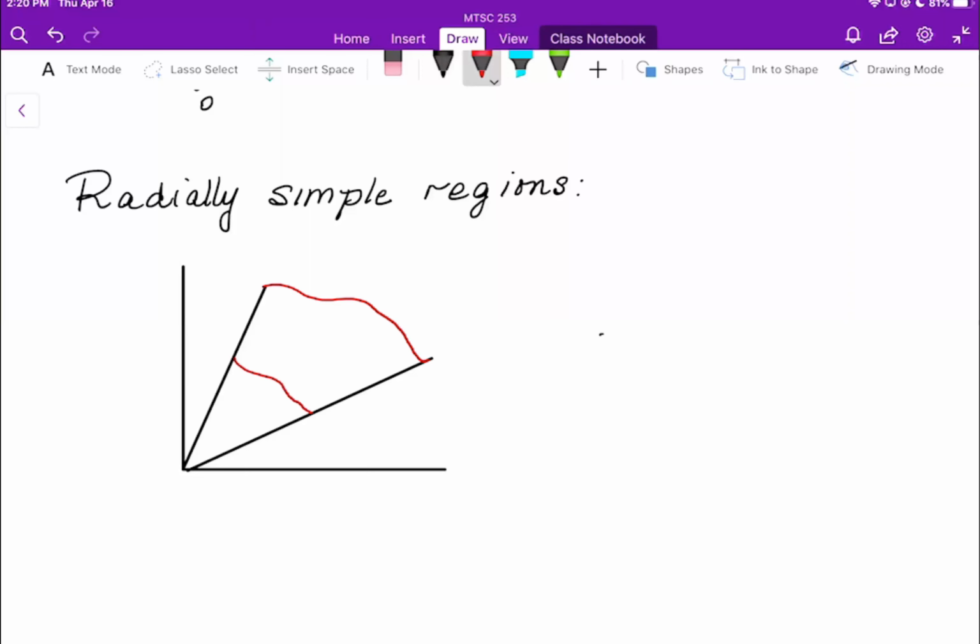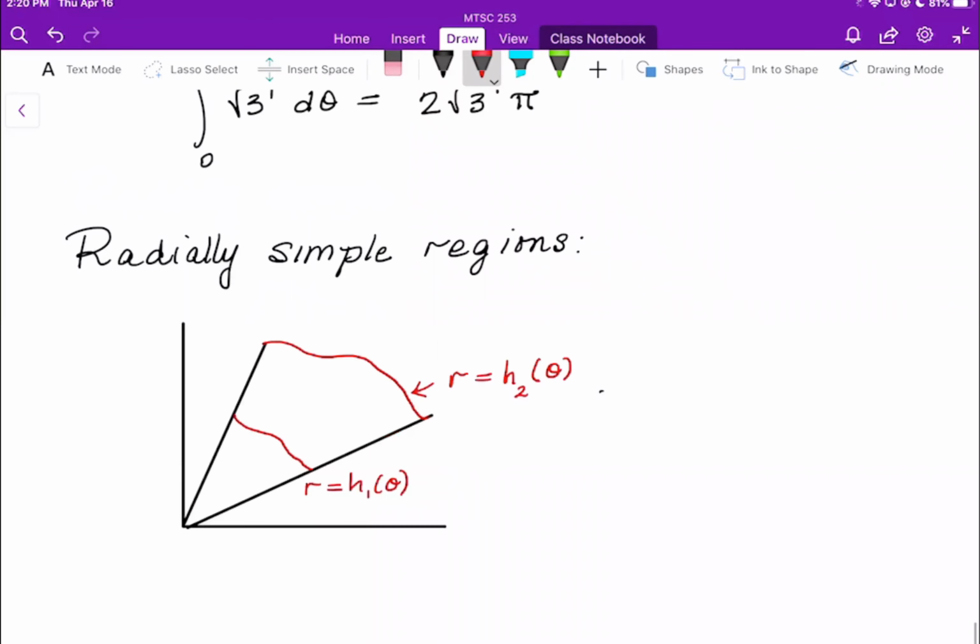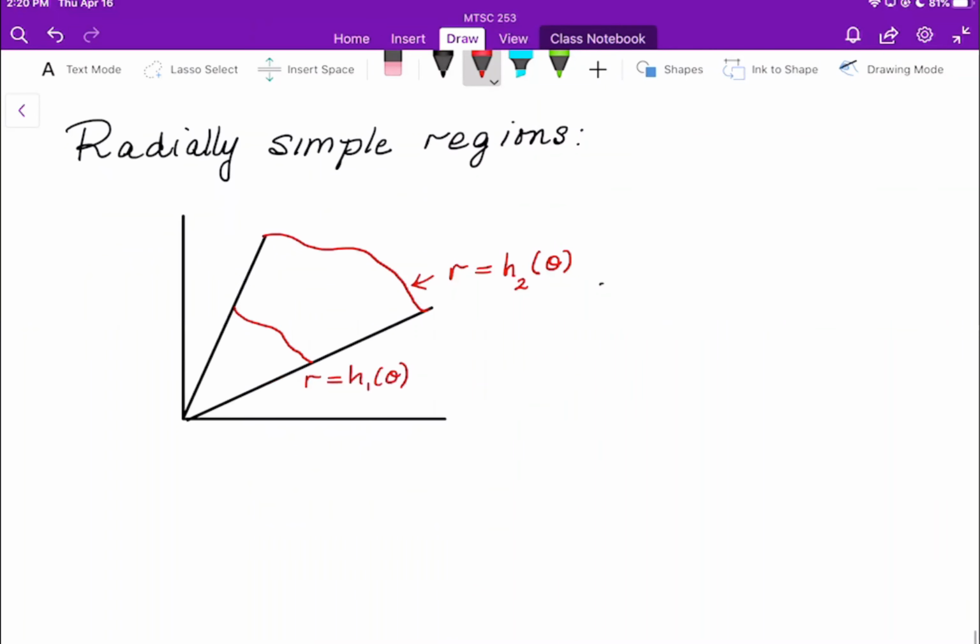So the region I'm looking at is the region in between. I'm going to call this r is h1 of theta. And this one up here is r is h2 of theta. So notice the radius changes depending upon what the angle is.